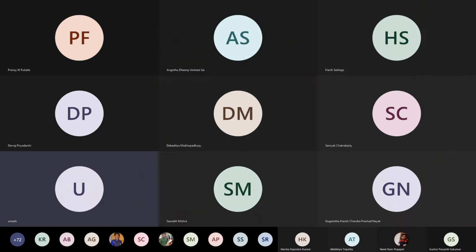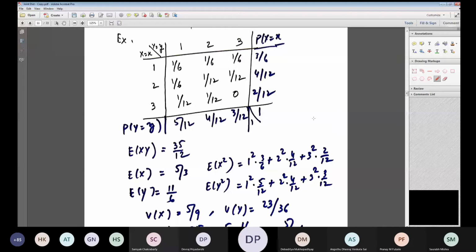Joint probability mass functions will be given to you, or you may have to form the joint probabilities in a tabular form. Once it is done, you can get the marginal probability mass function of the random variables x and y.